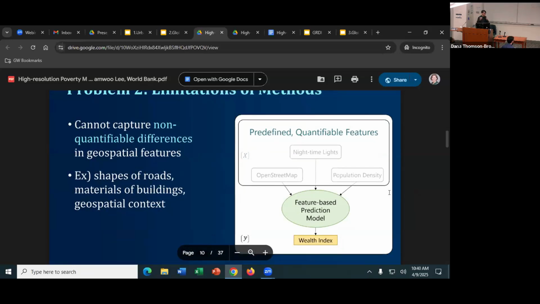Let's think about a road. I mean, a mountain trail is very, very different from a highway, even though the length is the same. Of course, you can incorporate all the possible characteristics of a road, but they are fundamentally human-generated features.